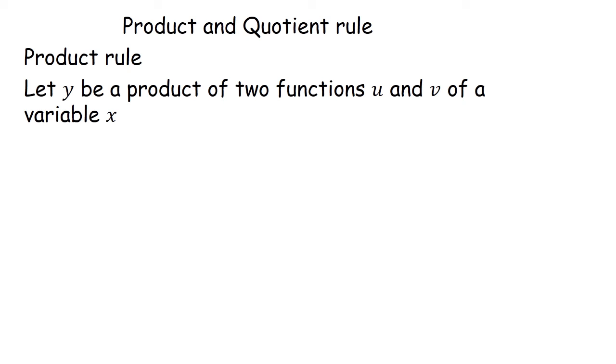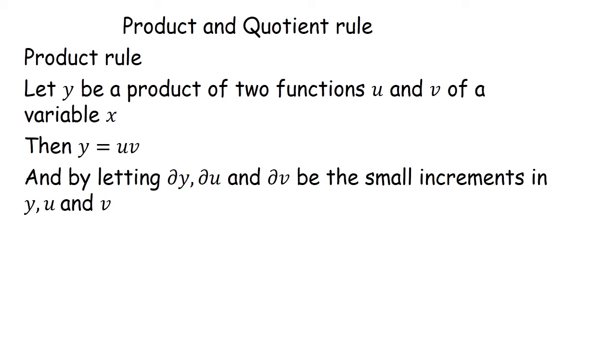We begin by letting y be a product of two functions u and v of a variable x, such that y is equal to uv. But remember, these have small changes in them, the increments. So our aim is to find the formula. We say y plus change in y is equal to u plus small change in u times v plus small change in v.